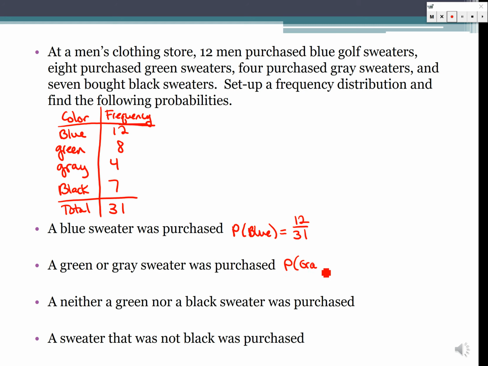Probability, gray or green. Gray or green, we end up with 12 again. Neither green nor black.